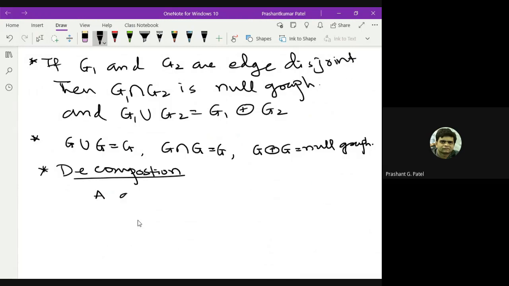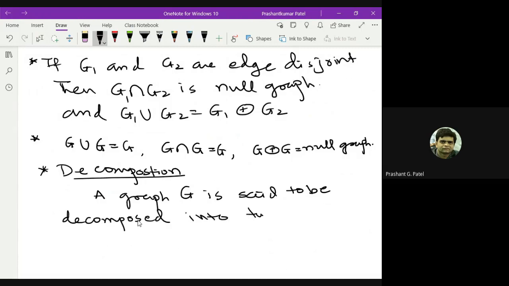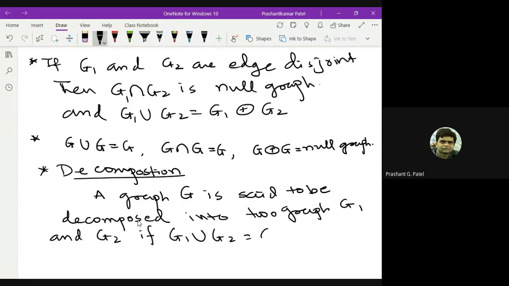A graph G is said to be decomposed into two graphs G1 and G2 if G1 union G2 is G and G1 intersection G2 is null graph.